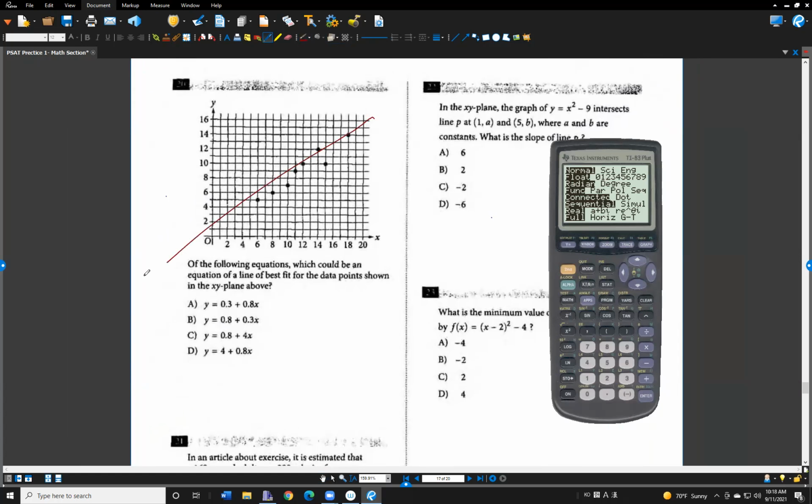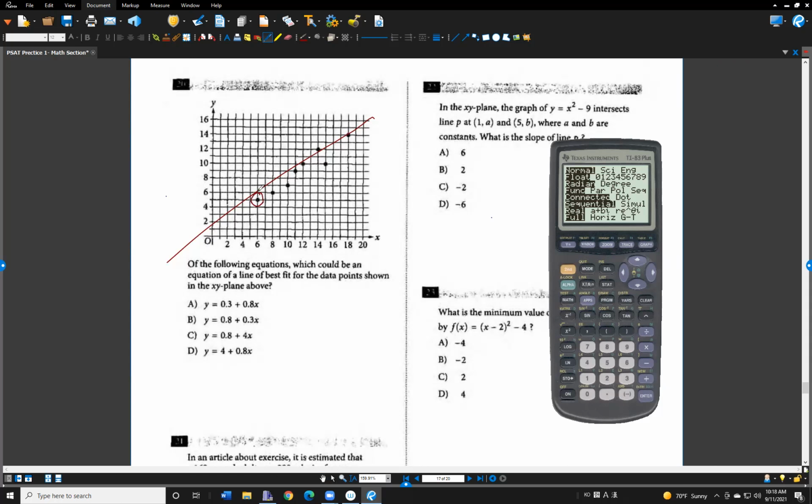So which one is equal to this one? What is the y-intercept? It's -0.3 or 0.8. But when you have this, better use one of these points. Any numbers is okay.